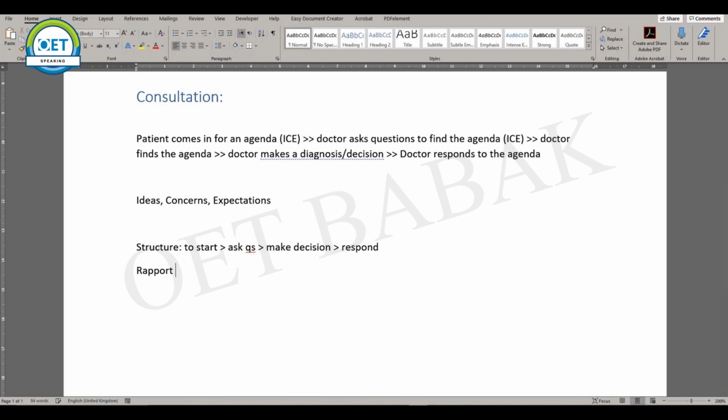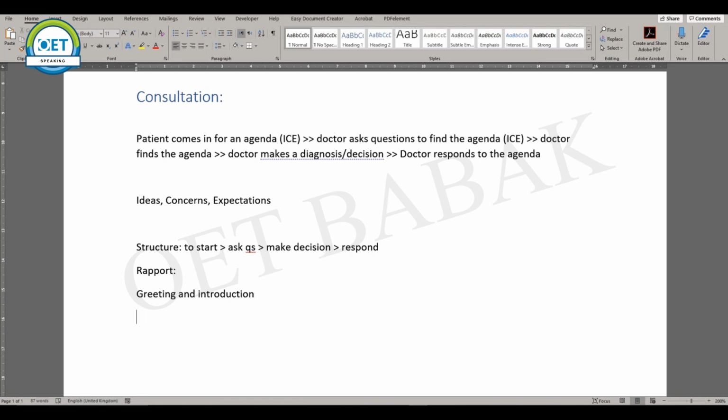And rapport is one of these criteria that is establishing a relationship with the patient. And that requires a few things that you need to use. And it is, in fact, greeting and introduction. Okay.